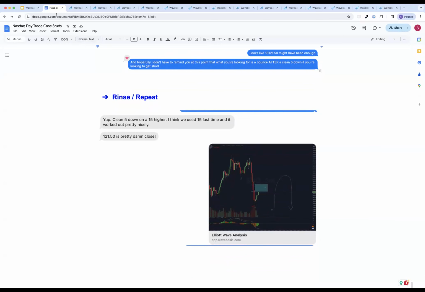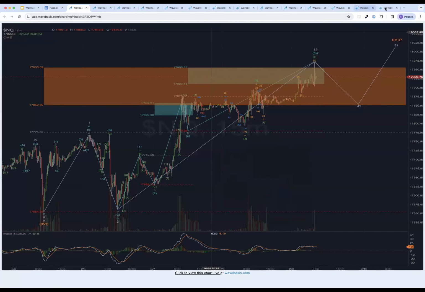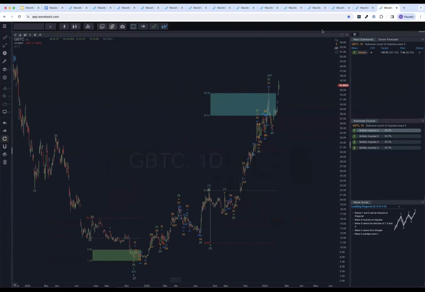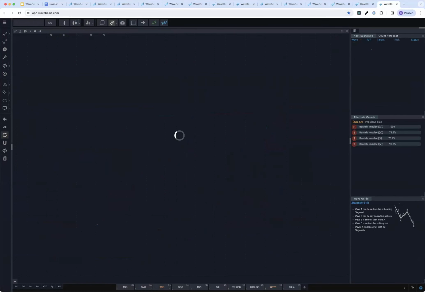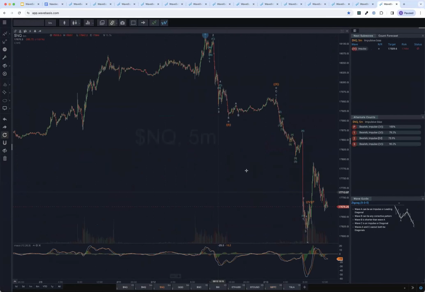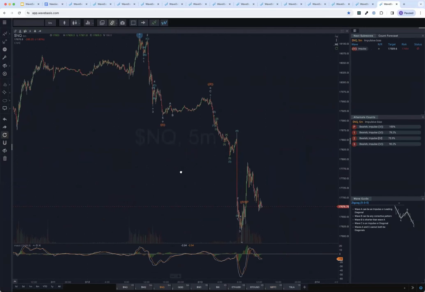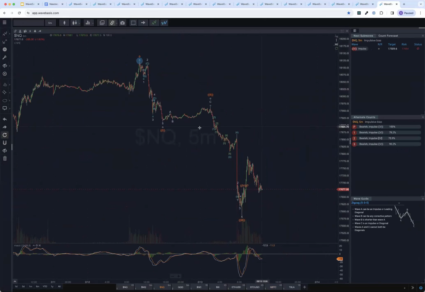Now, let's get on a live chart here. Where are we? It's too low. And we can look at the drops so far today. This is the chart I sent him yesterday.